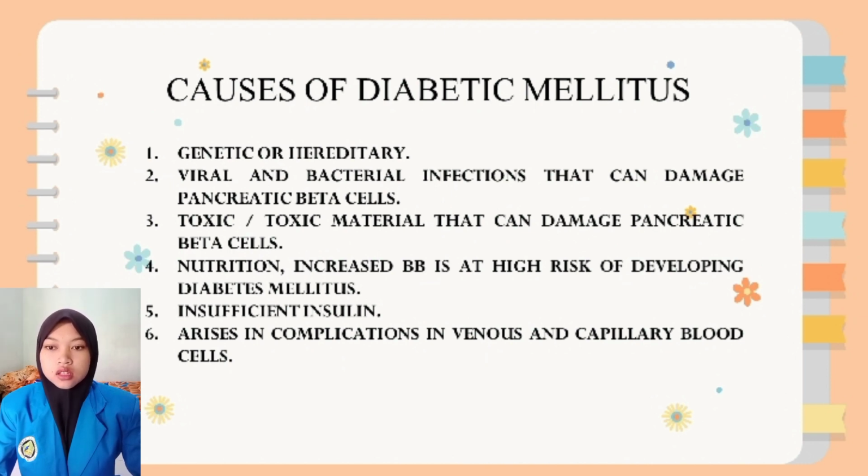So from this it can be called type 1 diabetes mellitus, which occurs in children and adults. Sixth, complication in venous and capillary blood cell.